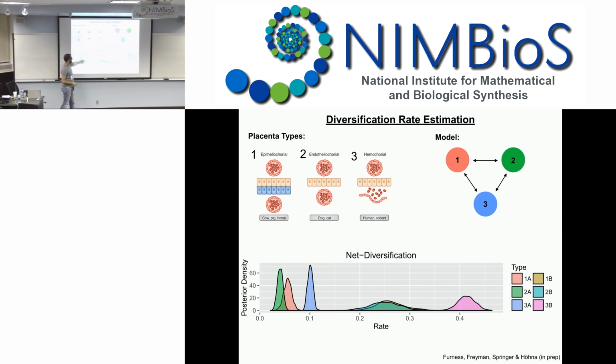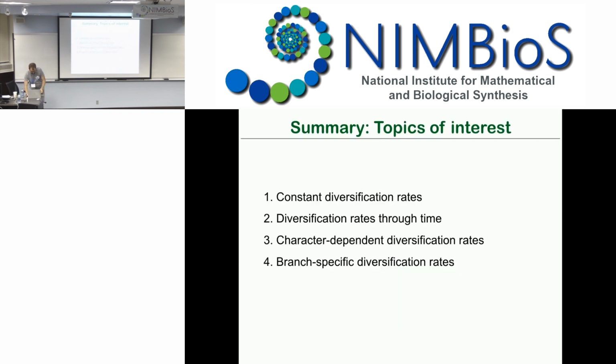But even if you allow that, it's always the hemichorial state, here and here, in both cases. Even if you account for background rate variation, it is still much larger than either of the other two states. So what we are seeing is that there are other factors driving diversification rates in placental mammals more strongly than the placenta type, but it seems as if the placenta type still has a large effect on diversification rates.